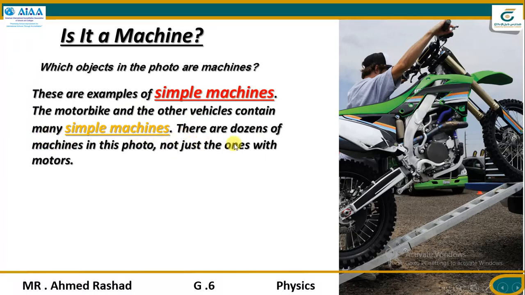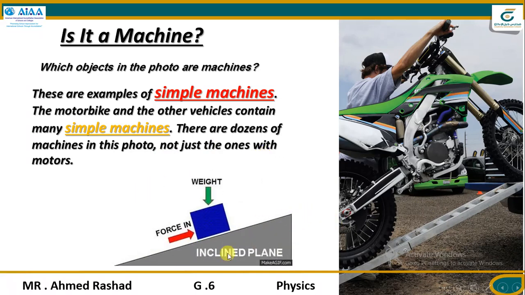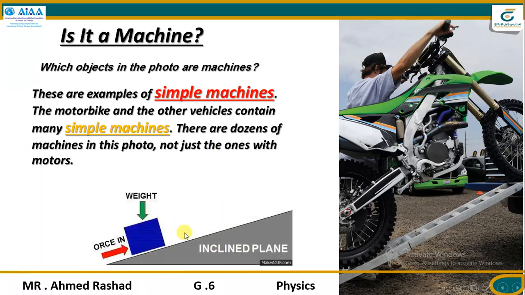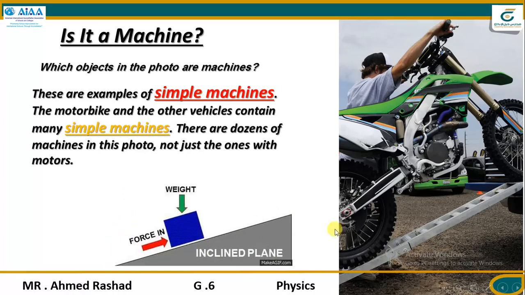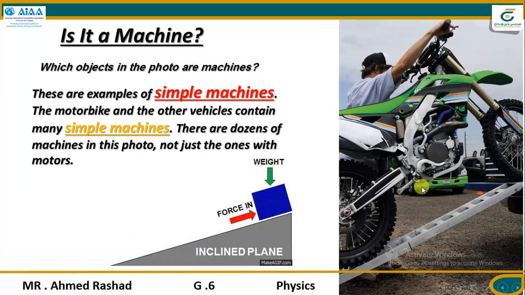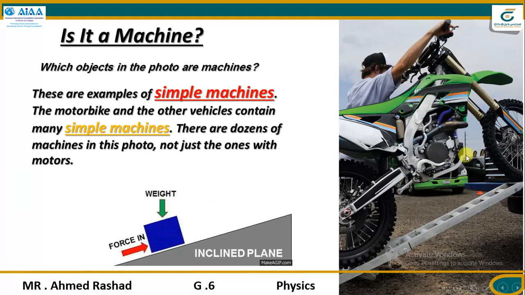There are dozens of machines in this photo, just like this flat slope. That means an inclined plane, and not just ones with motors. So inclined planes, the slope of this flat surface, help us to do work. And this is the direction of force, like this man riding the motorbike up this slope.